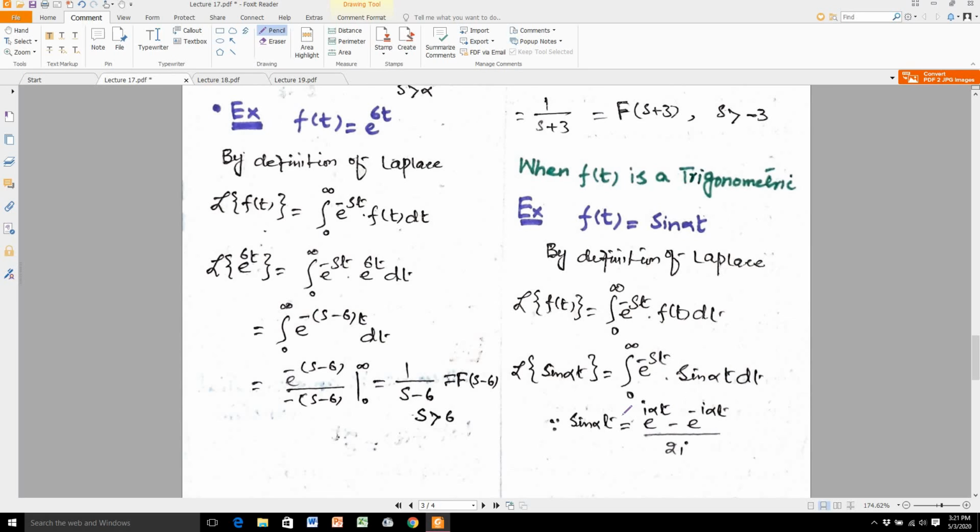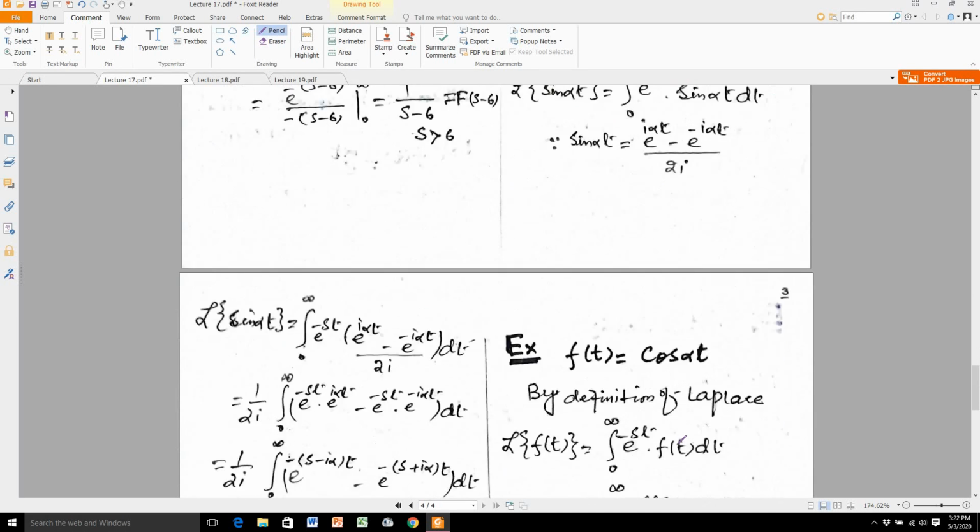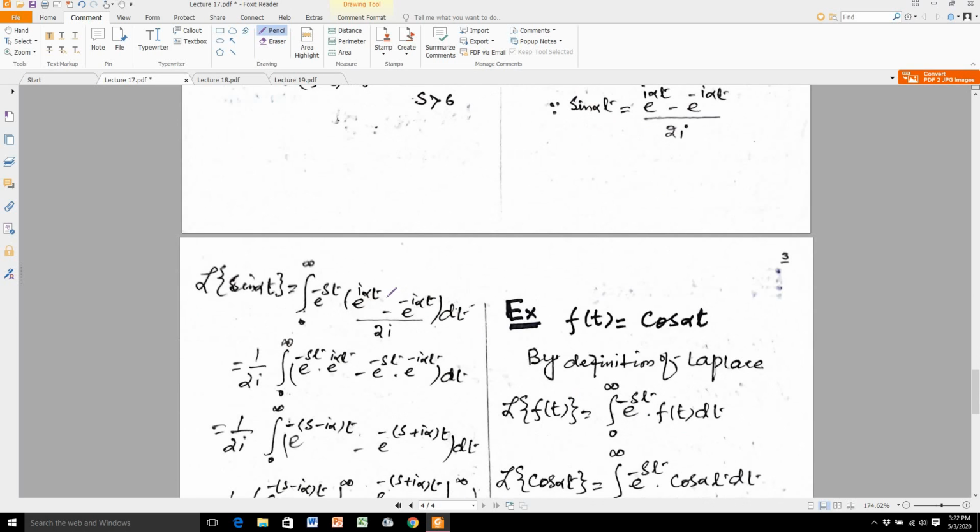You are very well aware that sine can be written in the form of an exponential function: sine of alpha t is equal to e raised to the power iota alpha t minus e raised to the power minus iota alpha t, divided by 2 iota. Now I substitute this value at the place of sine of alpha t.